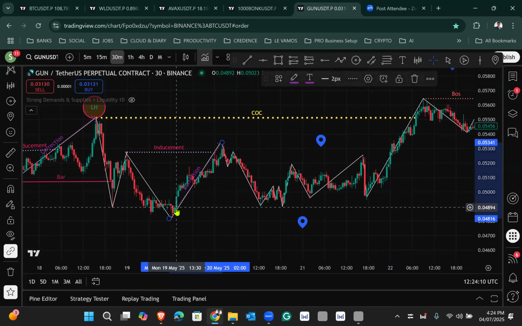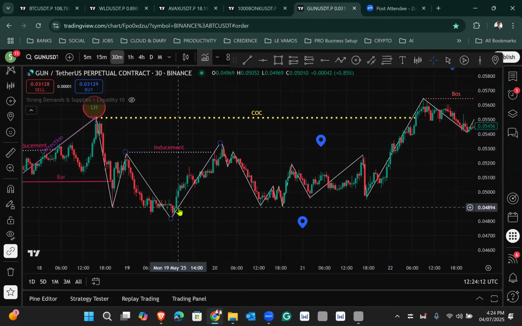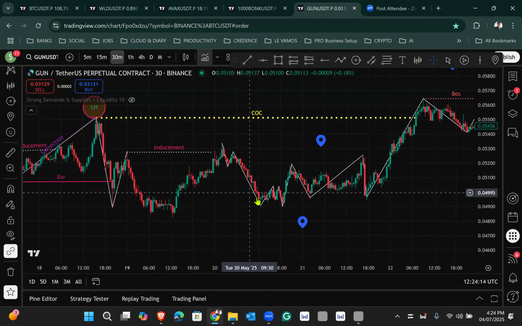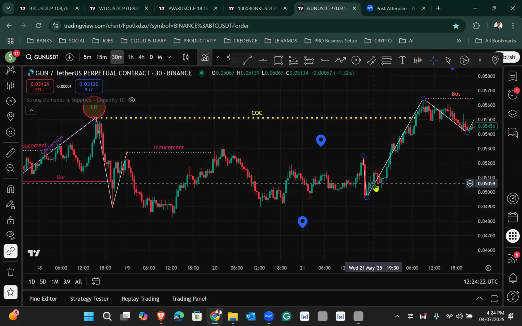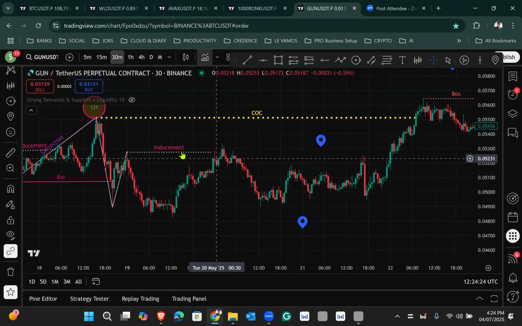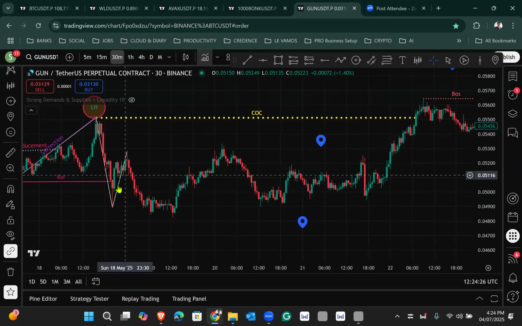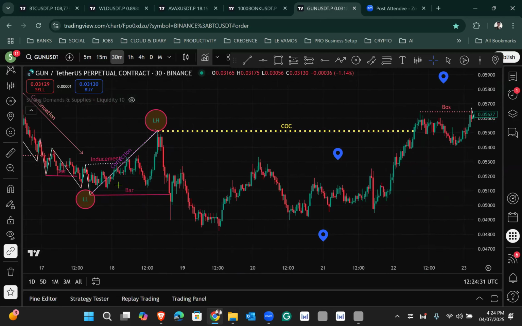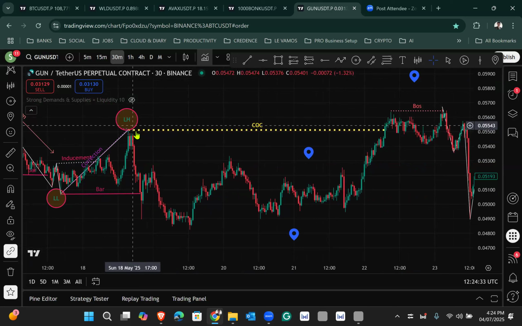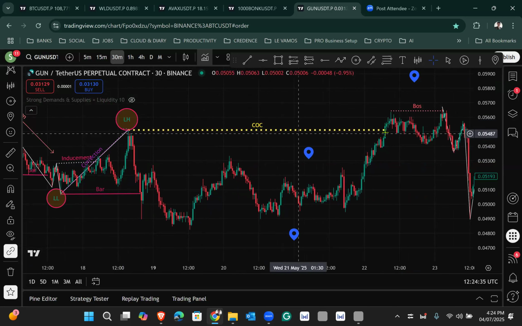Now, for example, let me close this. Let's see. So now I know we are in this stage. I just put a line here, and there are no candles formed from this place.